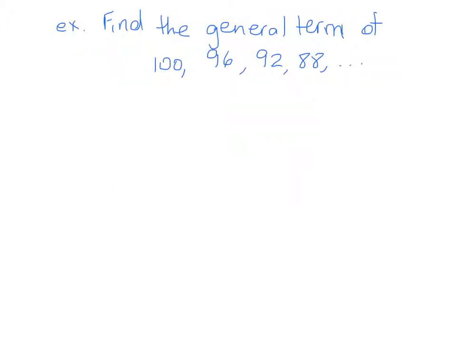Okay, so in this example, I am being asked to find the general term of the sequence. I'm not asked to find a specific term. I'm not asked to find the 30th term or the 22nd term. I'm just asked to find a formula which will give you any term for this particular sequence. Well, we do know that this formula, u_n equals u_1 plus (n minus 1)d, gives you any term for any arithmetic sequence.